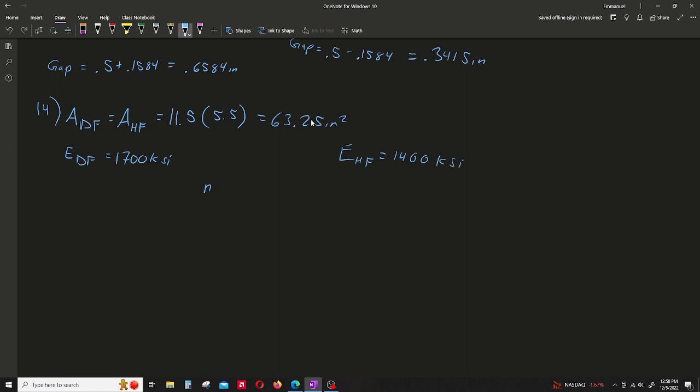We're using a value of 1400 KSI for that, and therefore our n value is E divided by E, and that gives us 1.2143. So if we plug that back into our equation, we get something that looks like that.